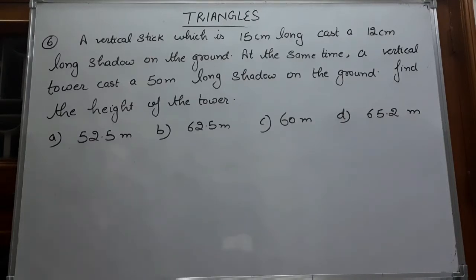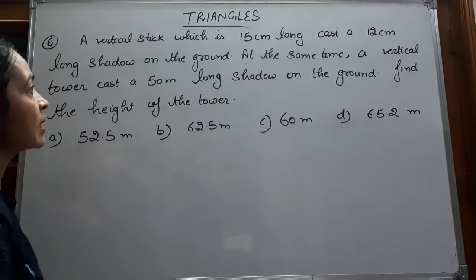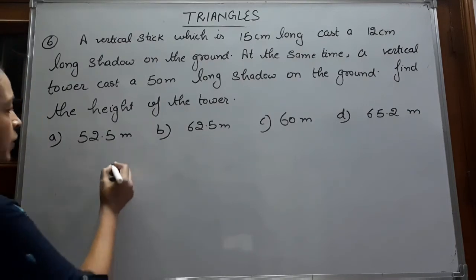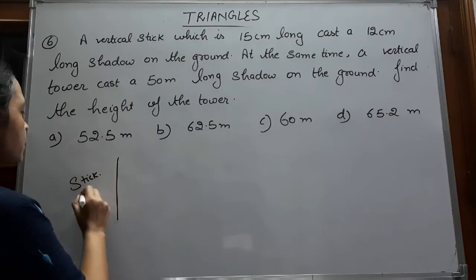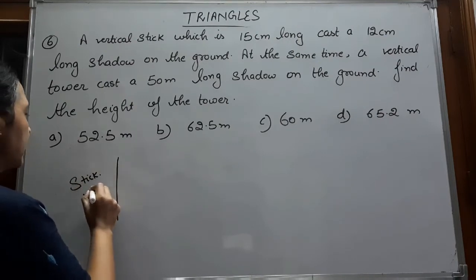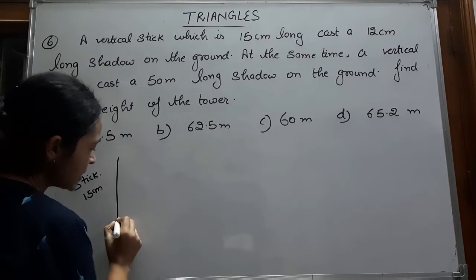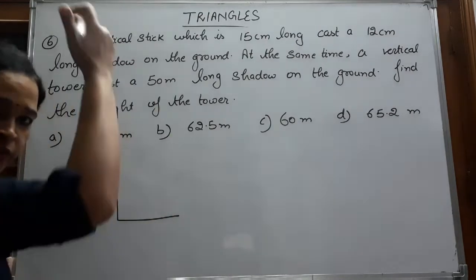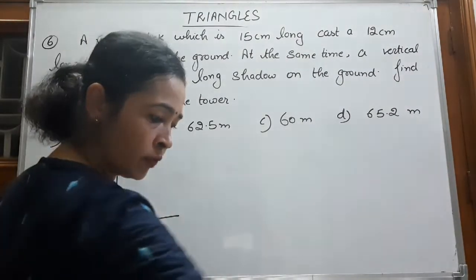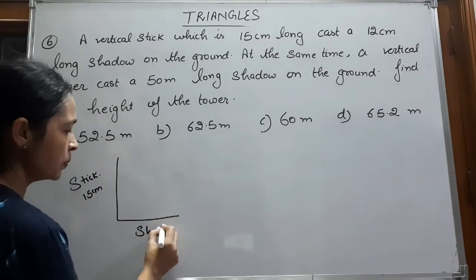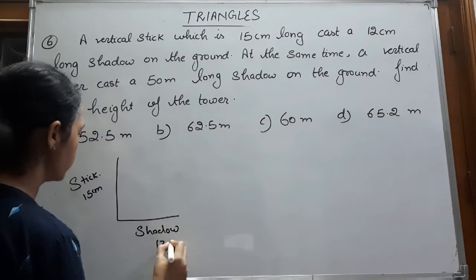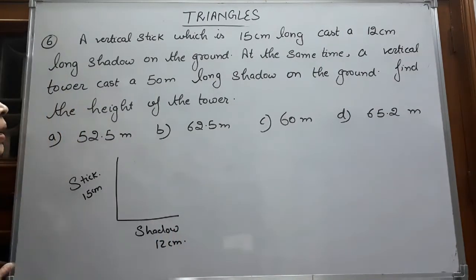A vertical stick which is 15 centimeters long casts a 12 centimeter long shadow. This is our stick, which is 15 centimeters in length. This stick casts a shadow. If I am standing like this, my shadow will come in this place. This is the shadow which is 12 centimeters.